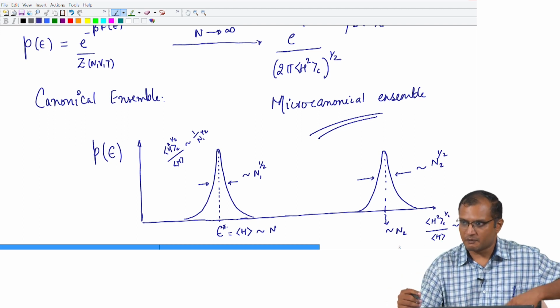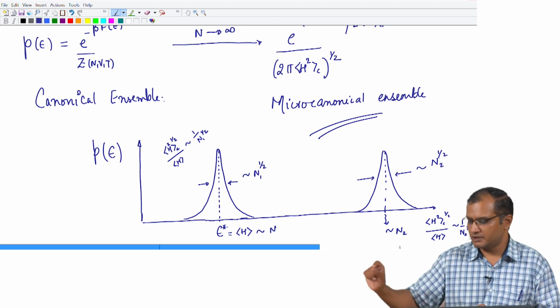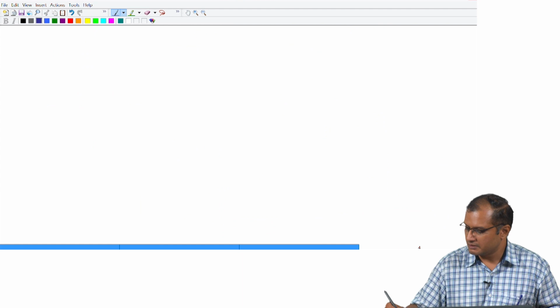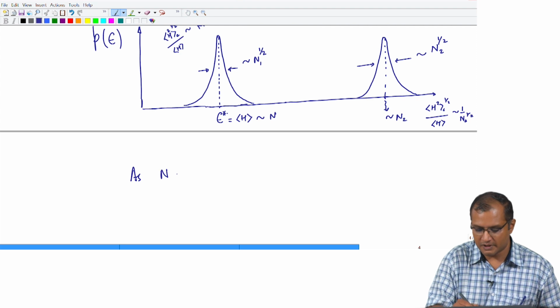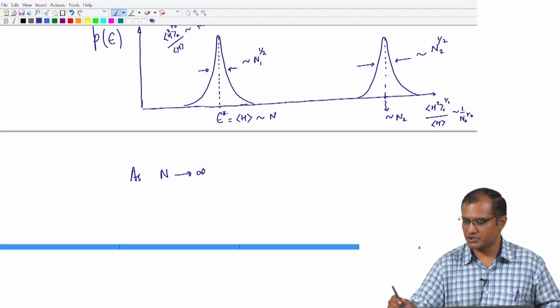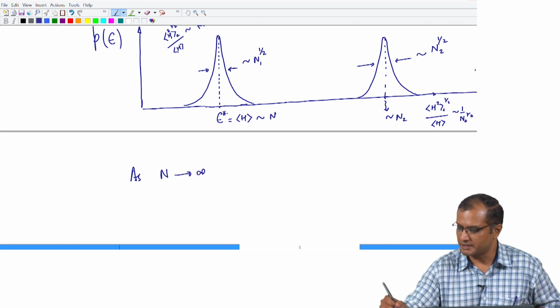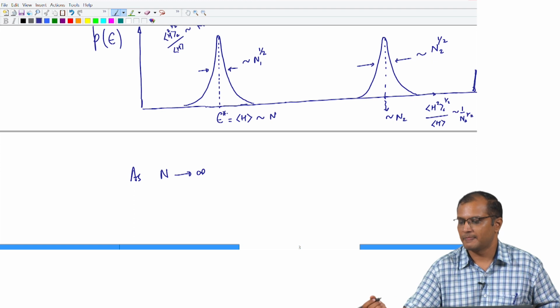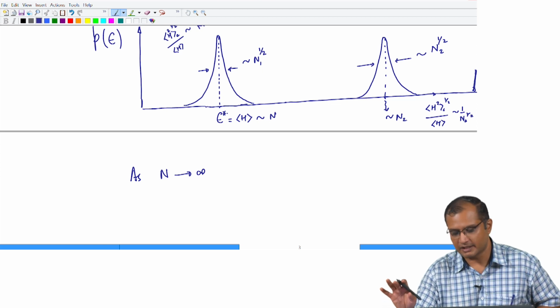So, it gets smaller and smaller and gets wider and wider, but not only that, its location of the mean also gets far away into the right, such that the value of the width over mean becomes diminishing in the thermodynamic limit, and eventually as n goes to infinity, this would be a sharp distribution further down the line. Okay. So, it would be like a spike, almost a spike, whose width is definitely larger than the previous two, but it is so far away on the right that the ratio of width over mean would be a diminishing number.